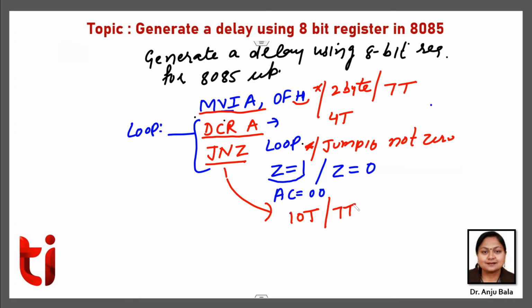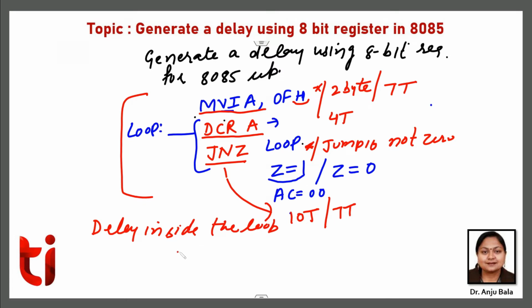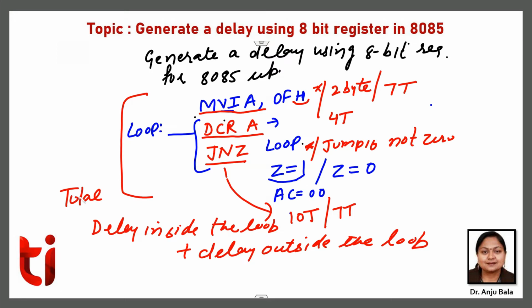Now we'll see the concept of how we can find the total execution time for these instructions. We have to find the delay inside the loop plus the delay outside the loop, and that is the total delay.